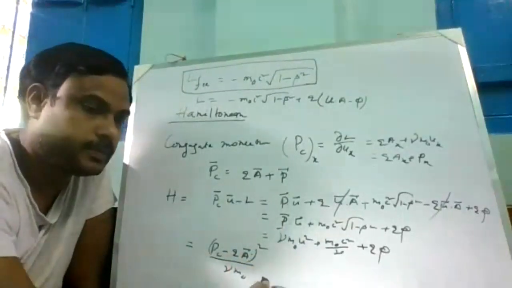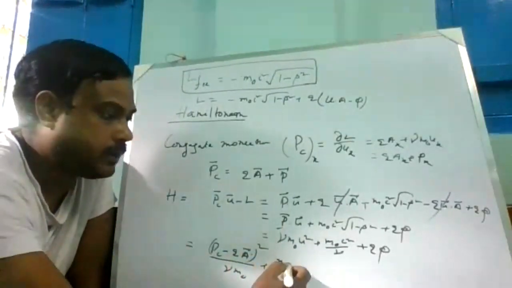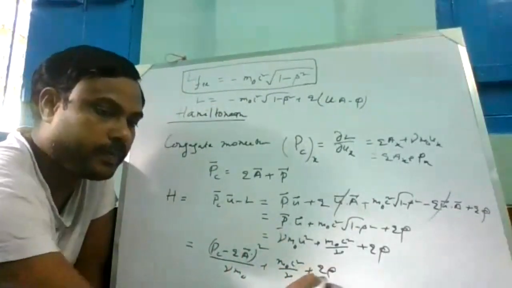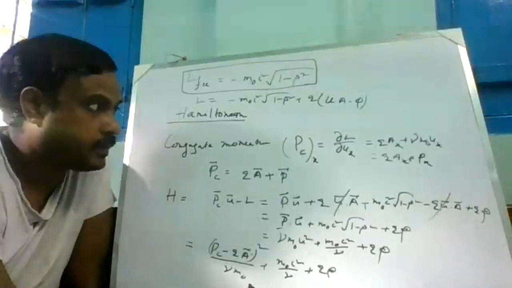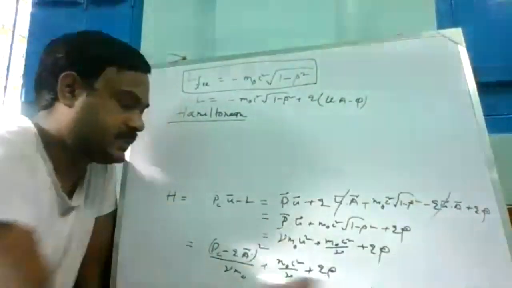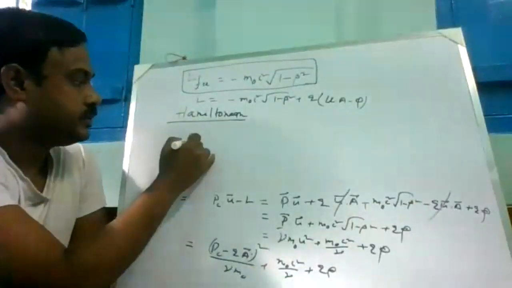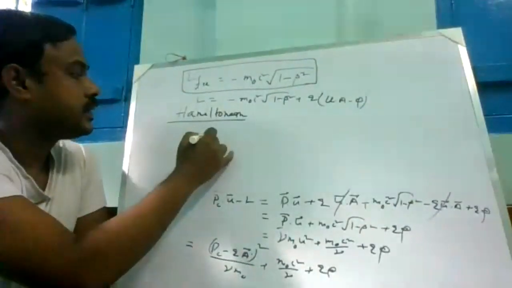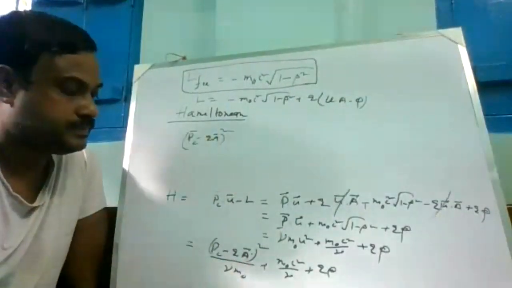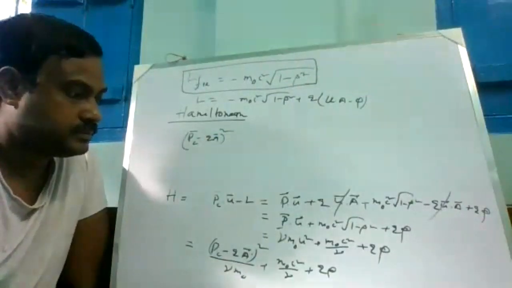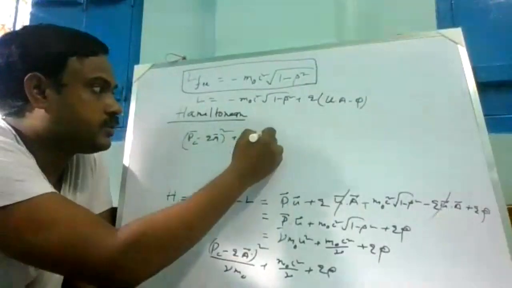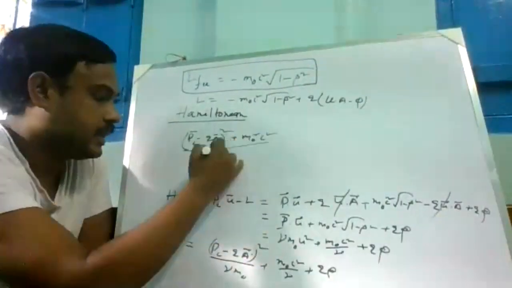You can also write plus this term, m0 c²/γ, plus qφ. Now take the LCM. So this will be (Pc minus qA) whole square plus m0² c² over γ m0.